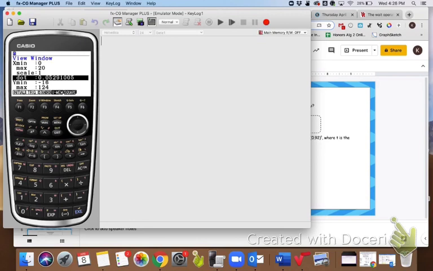Y stands for the value of the car, so we don't care if the car is a negative value. Y max is our maximum value. Well, the car started at $31,000, and we're looking at this in terms of thousands of dollars, so that max is not going to be above 31. So then we're going to go ahead and graph it, and there's my picture.